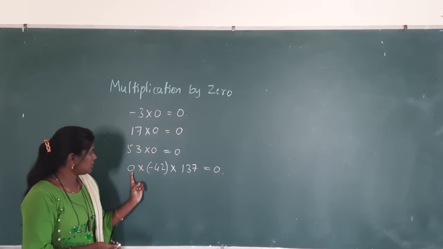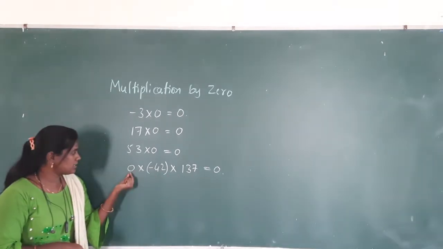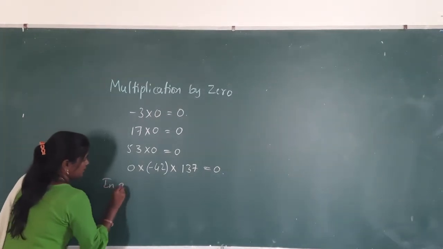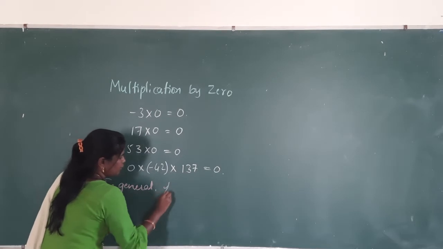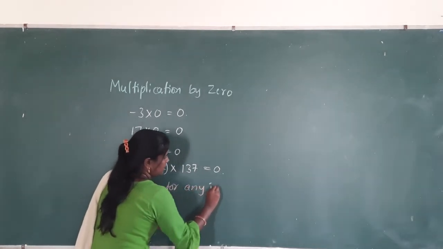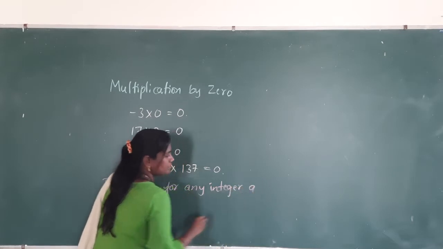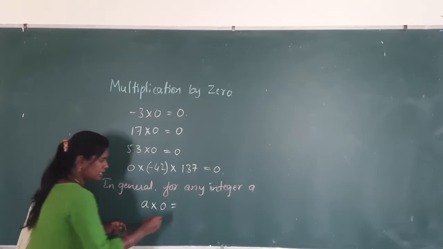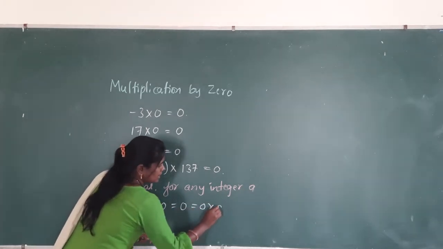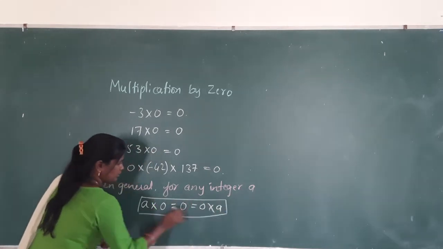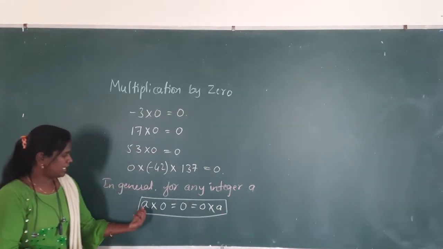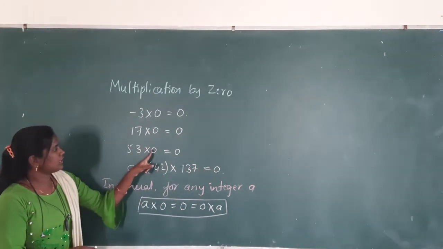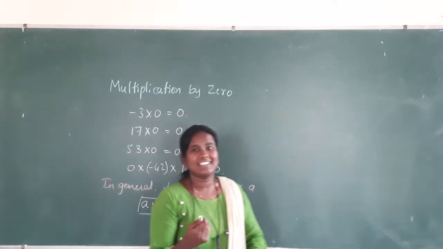Multiplication of any integer with 0 gives us 0 only. In general, for any integer a, a into 0 is 0, which is equal to 0 into a. Here 0 into anything is 0, or anything into 0 is again 0.